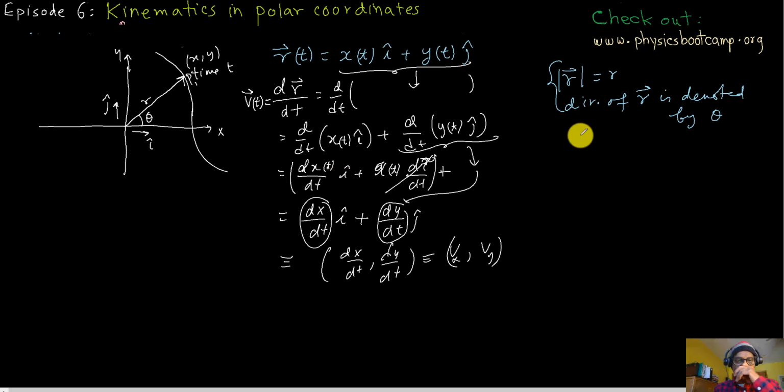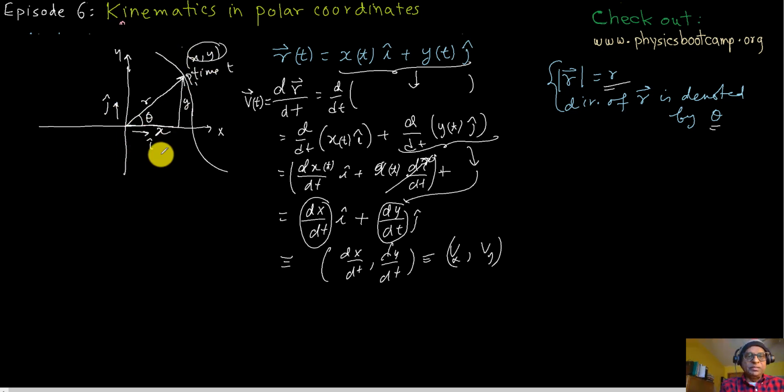How can we write things in terms of r and theta? That's the question. Okay, so I think we can do it. We can keep i hat and j hat, and we can see that this distance is x and this distance is y.